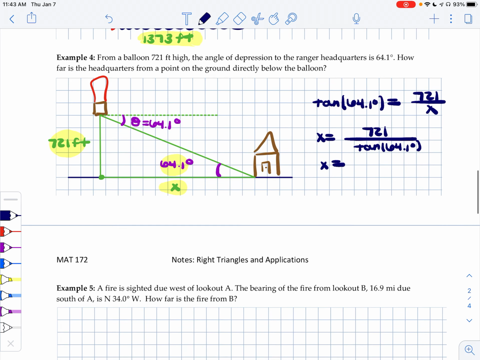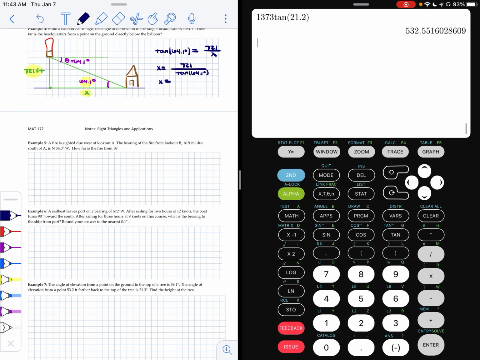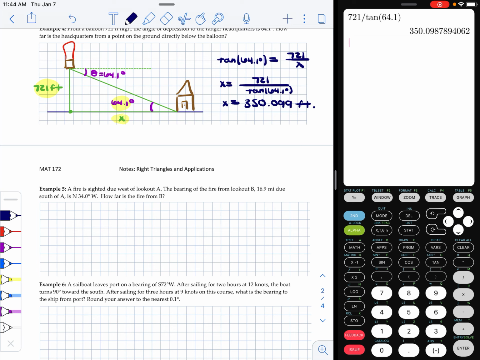Plug that into your calculator: 721 divided by the tangent of 64.1 degrees. And I know I'm still in degree mode because I haven't changed it. So we have about 350.099 if we round to 3 decimal places. All right, so that is going to be our final answer.